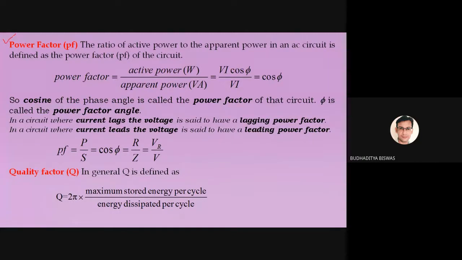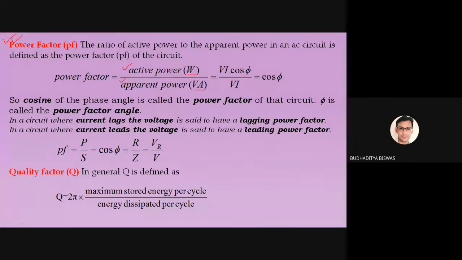A very, very important term: the power factor. It is the ratio of active power to the apparent power in an AC circuit. Active power is in watts, apparent power is in VA. Apparent power means the power which is generated in the power plant.